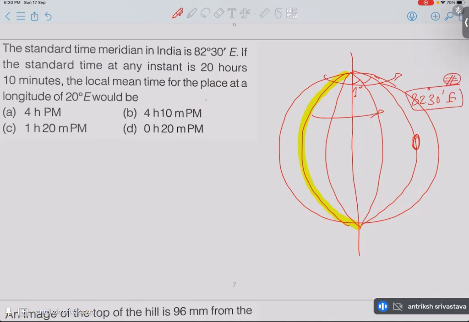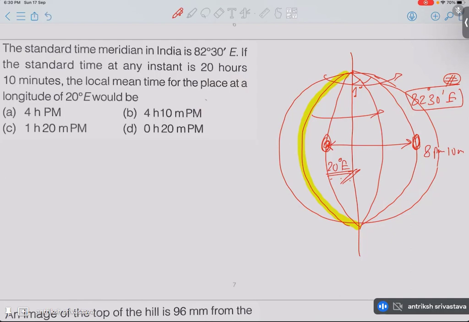And the time here is 20 hours, so let's say 8 p.m. and 10 minutes. So what will be the time on some place which is here, which is 20 degree east? If we were able to calculate the time difference between these two longitudes, then we will be able to tell what is the time here, right?